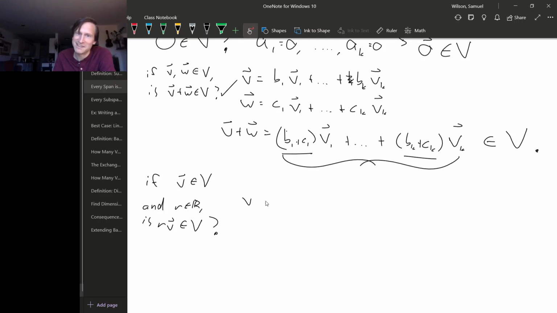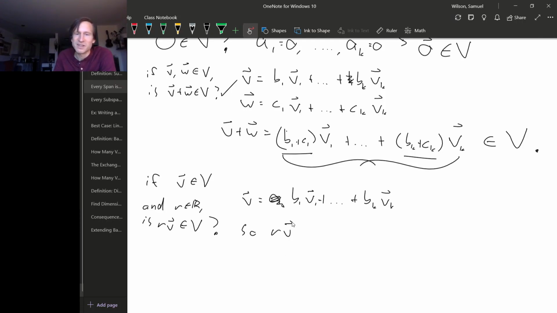Well, let's check. Little v has to be, we have to be able to write it as b1 v1 plus and so on up to bk vk, because v is in the span, so it has to be a linear combination of these vectors.